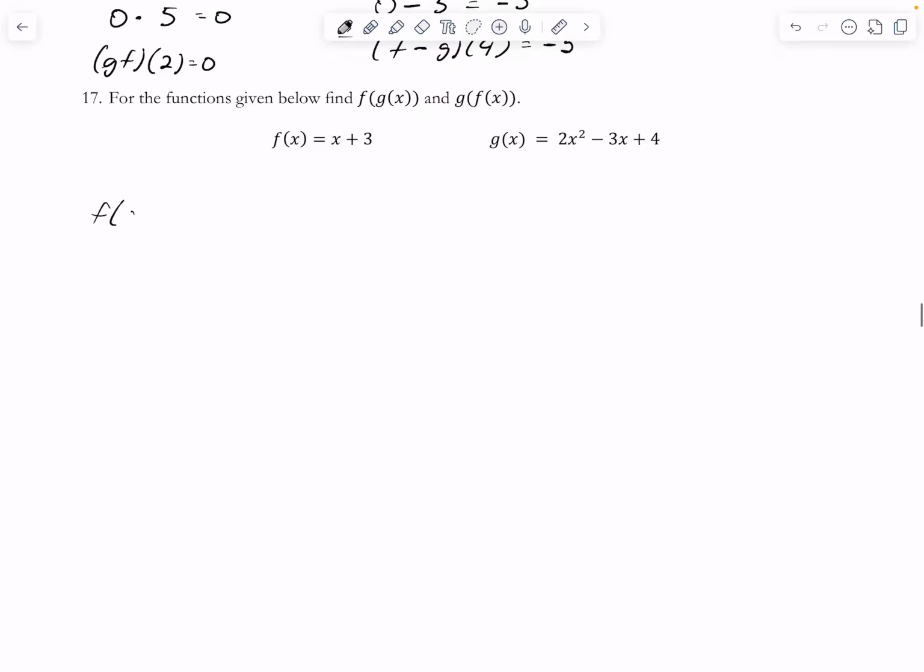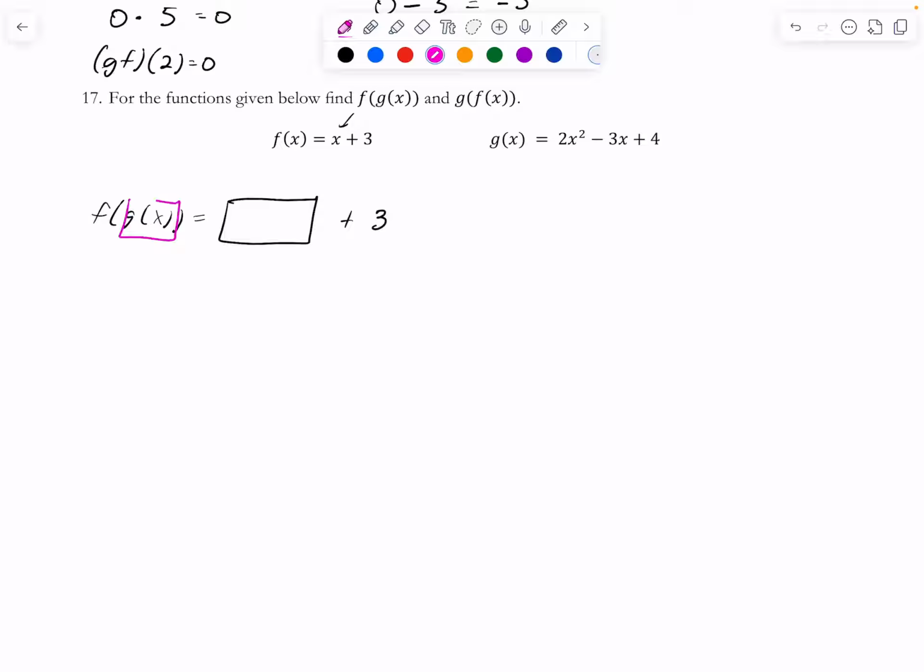So I'm going to do f of g of x. So I'm going to write down my f of x function, which is here, and put a big box for that x. So I'm going to put in that box the g of x function, which is 2x squared, squeeze it in here, minus 3x plus 4.